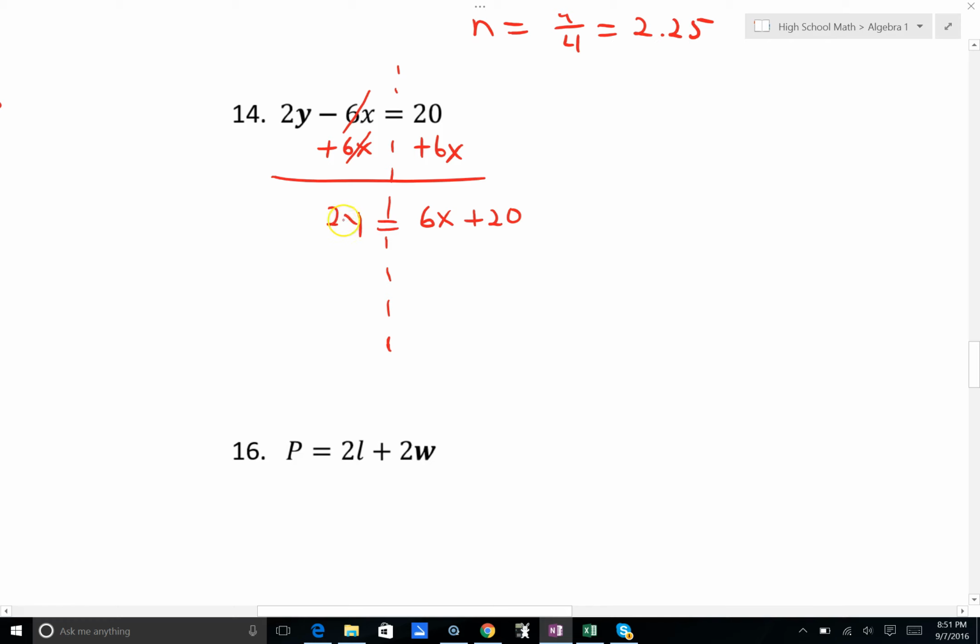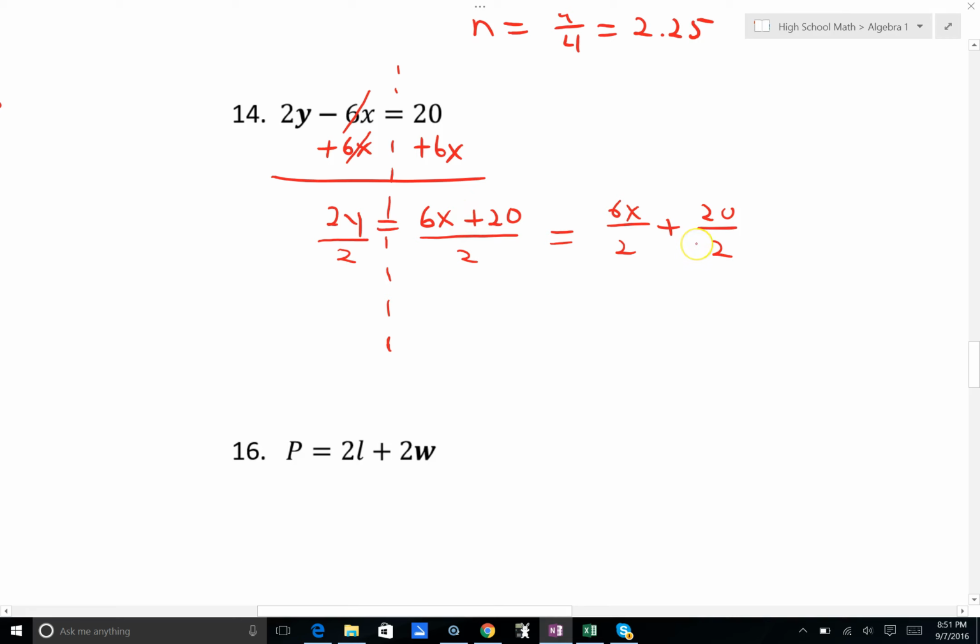Solving for y, we will divide by my coefficient 2. I could divide my whole side by 2. Equivalently, I'm going to divide each term by 2. This statement or this statement are both correct.